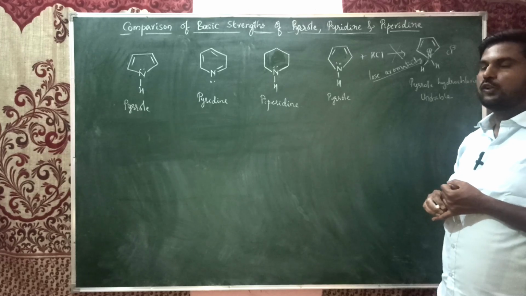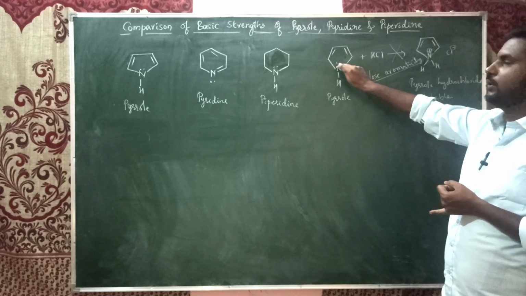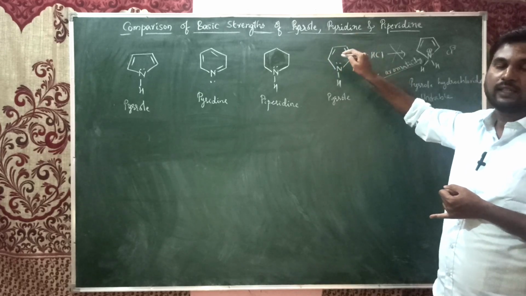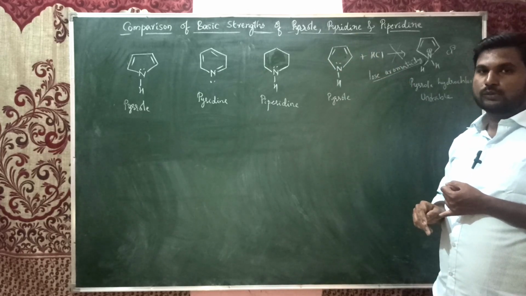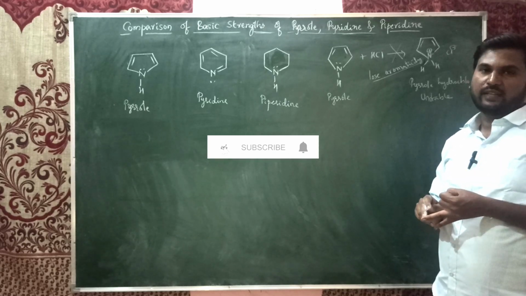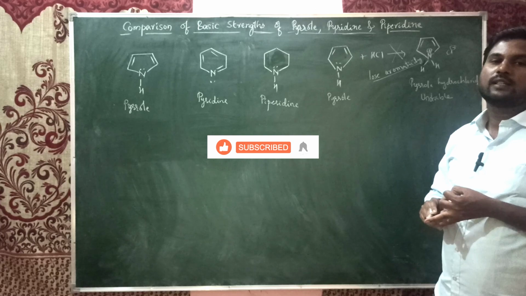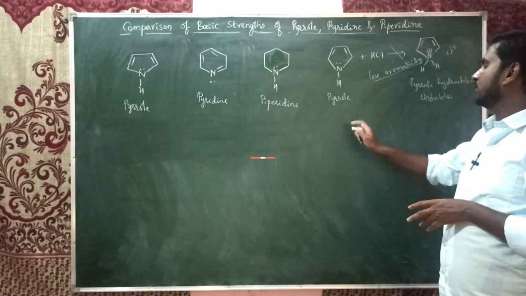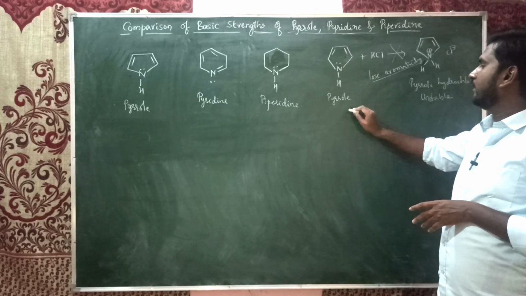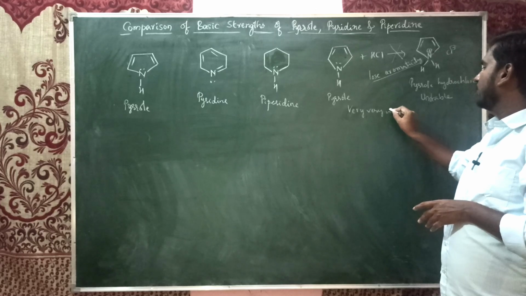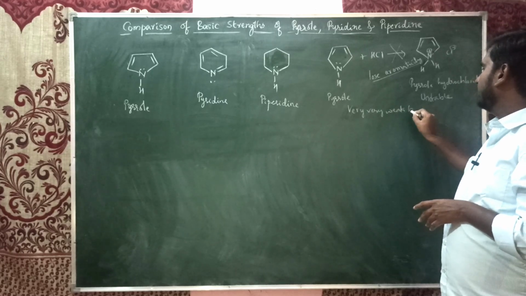As for electrons, these lone pair of electrons are not available because they are involved in delocalization. If it is not able to donate that pair of electrons, it is also not a good Lewis base. So it is a very weak base.